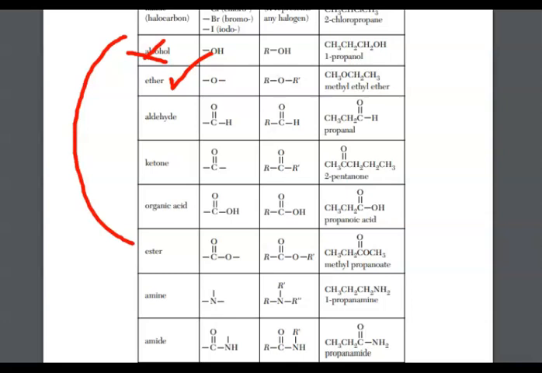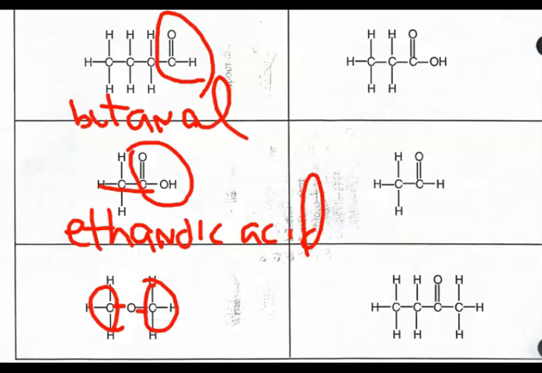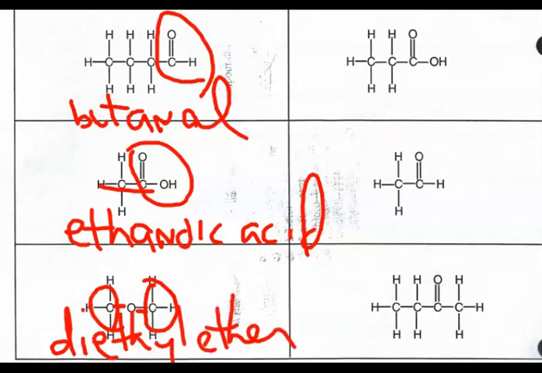And when you name ethers, you're just dealing with the prefixes for the number of carbons before the word ether. If we go back, we're dealing then with 2 methyl groups. I could call it methyl ether, but usually we use the prefix di to mean 2, so this is dimethyl ether. Alrighty.